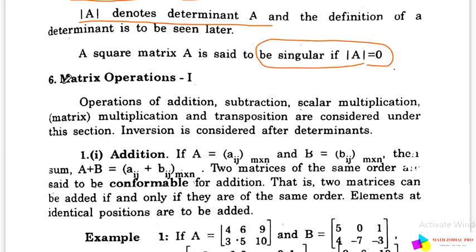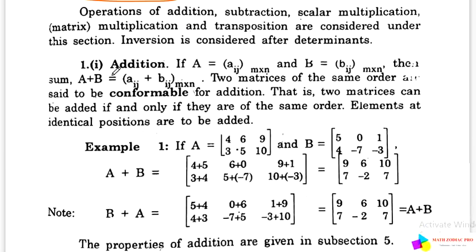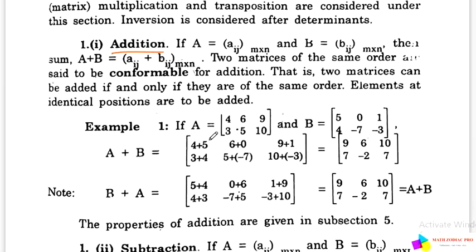Next one, matrix operations. First one is addition. Here is the example: A equal to 4, 6, 9, 3, 5, 10, and B equal to 5, 0, 1, 4, minus 7, minus 3. A plus B: we add corresponding elements. First 4 plus 5, second 6 plus 0, and next 9 plus 1.